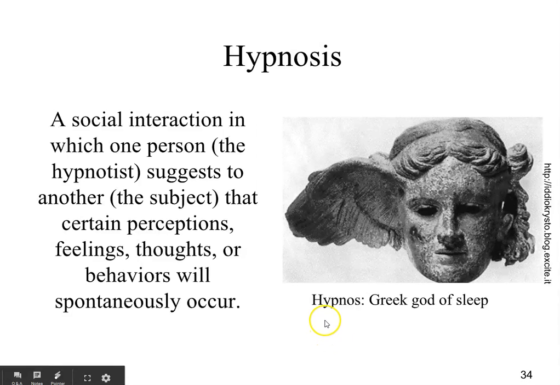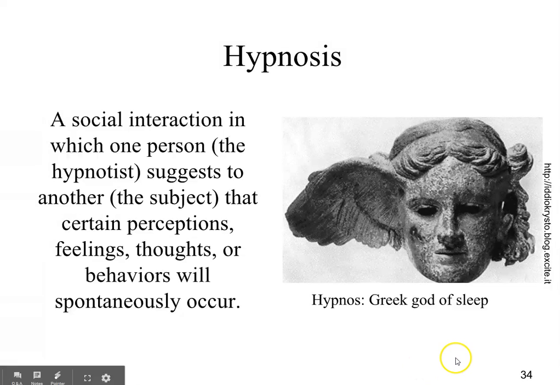So this brings us to hypnosis. What we're going to do is define hypnosis and note some of the similarities between the behavior of hypnotized people and that of most unhypnotized people.